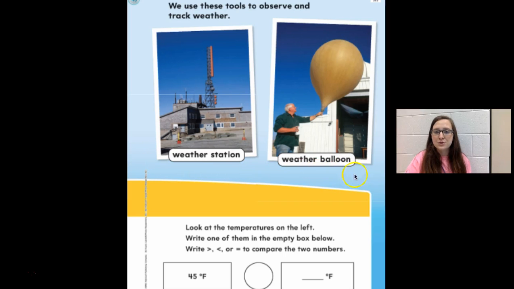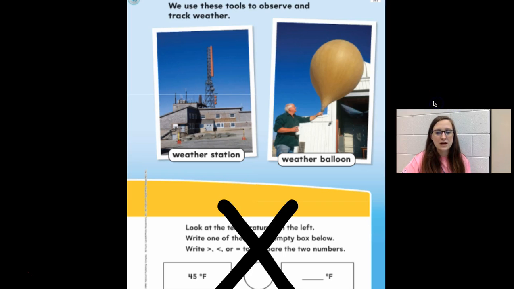And a weather balloon. We actually had one of these come down in our parking lot here at Samble, and it's out in the hallway. It is used to track things like hurricanes. Now down at the bottom again, you can put another big X because we're not going to do that part.